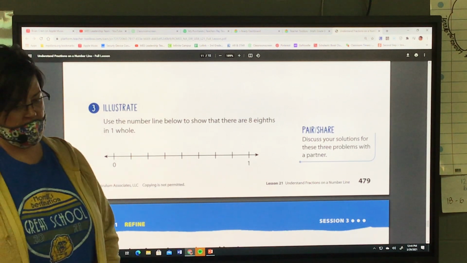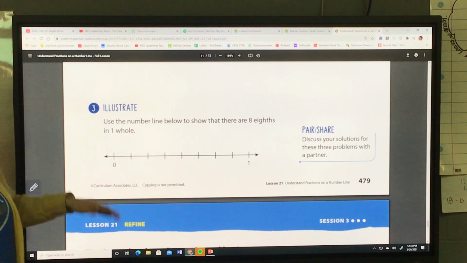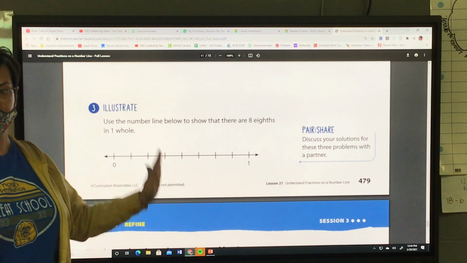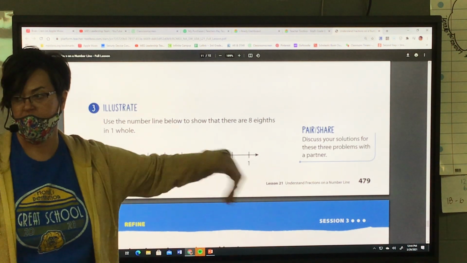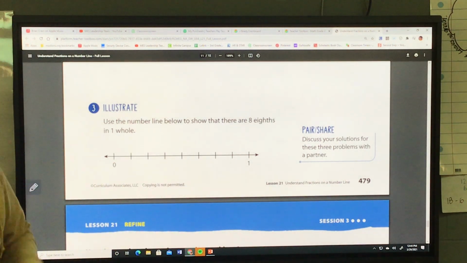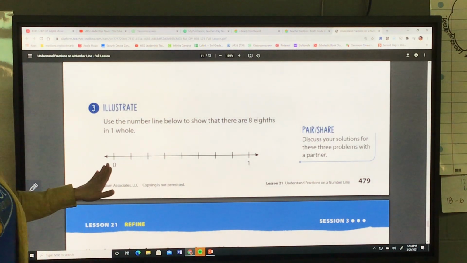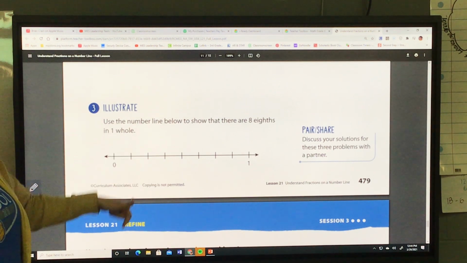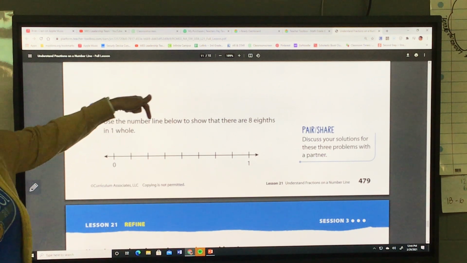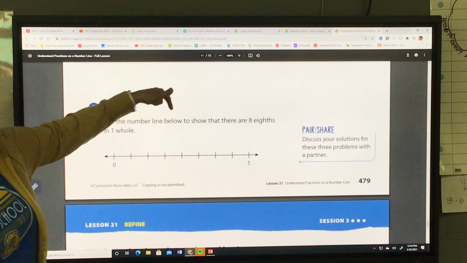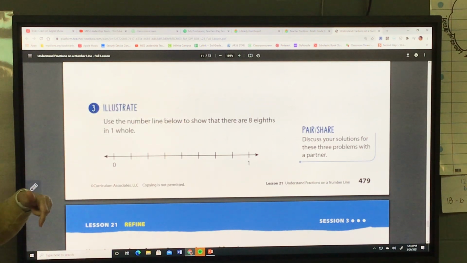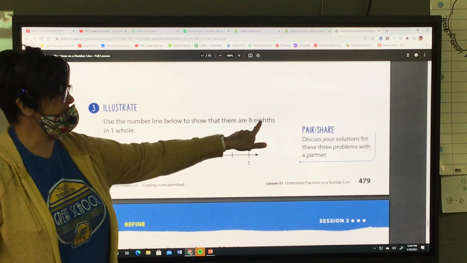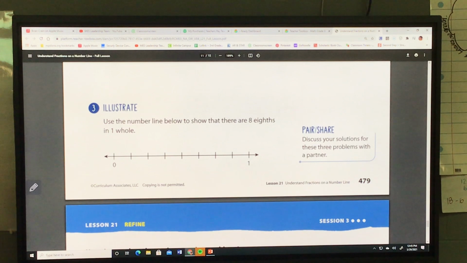Going to write the fraction underneath of it. Right. Either above or below. You're going to label each fraction as it moves across that number line. So what are you going to start with right here? 1/8, and then 2/8, and then 3/8, next 4/8, all the way until you get to 8 eighths. So go ahead and do that.